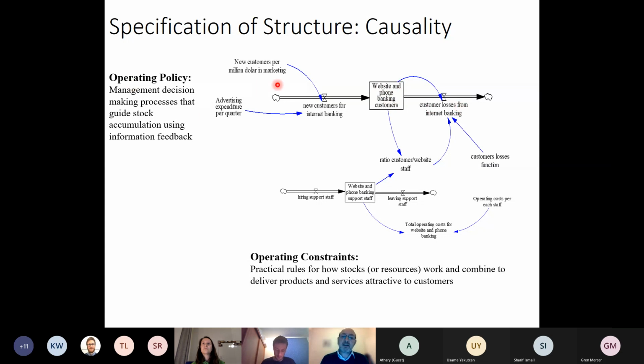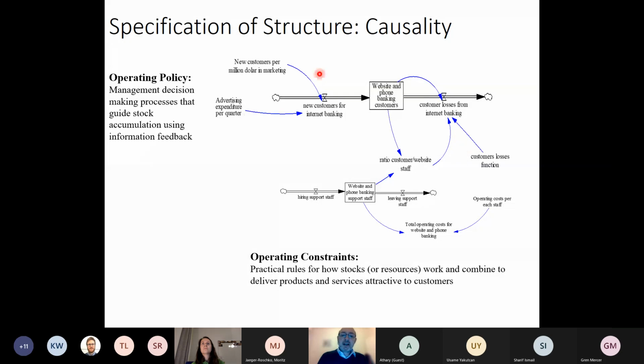So we have two things: operating policies, these are decisions, these are discretionary, these are choices, and operating constraints, these are rules that make the business work without necessarily having a direct intervention of a manager. It's like the physics of the business, in this case, the operating constraints.